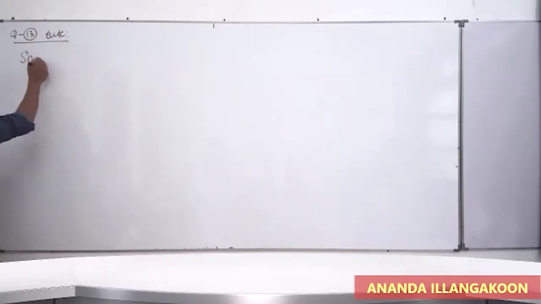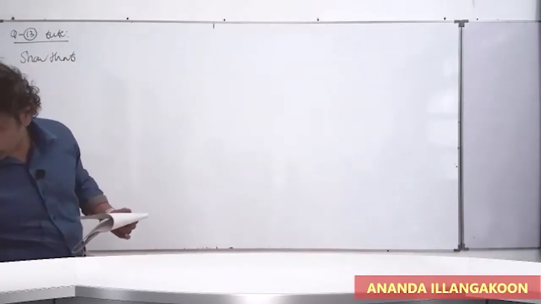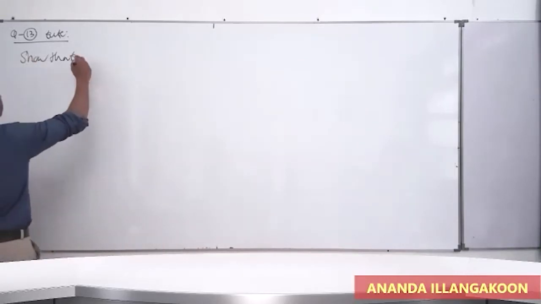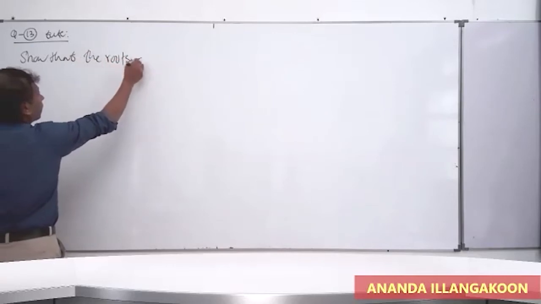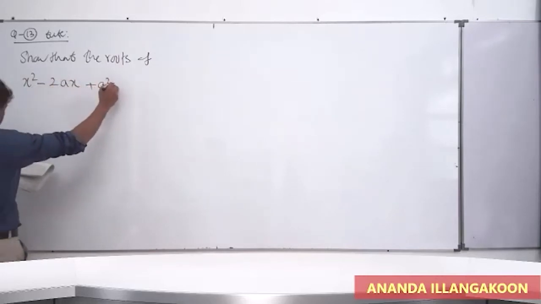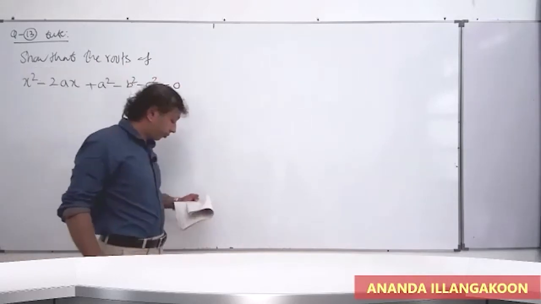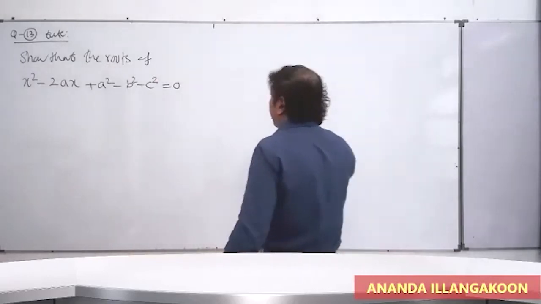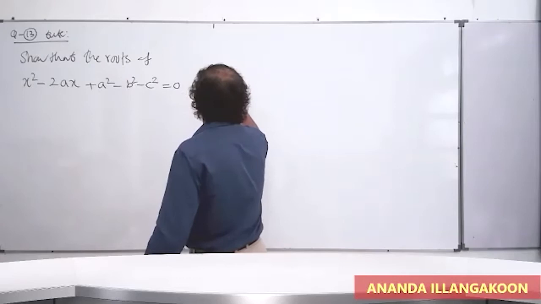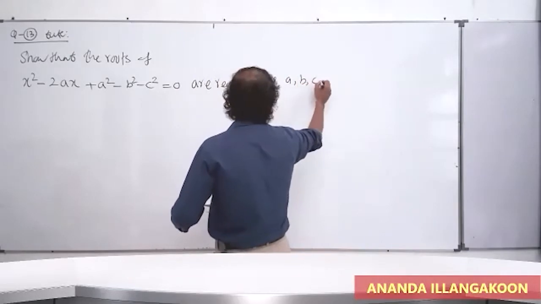Show that the roots of x squared minus 2ax plus a squared minus b squared minus c squared equals 0 are real, where a, b, c are real numbers.